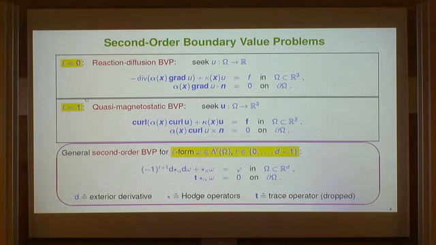Now, what is the connection? The connection between the general formulation and this concrete vector analytic way to write the boundary value problem is established by so-called vector proxies. In fact, vector proxies are based on a special choice of bases. They're based on choosing coordinates. And here I've chosen just regular Cartesian coordinates.